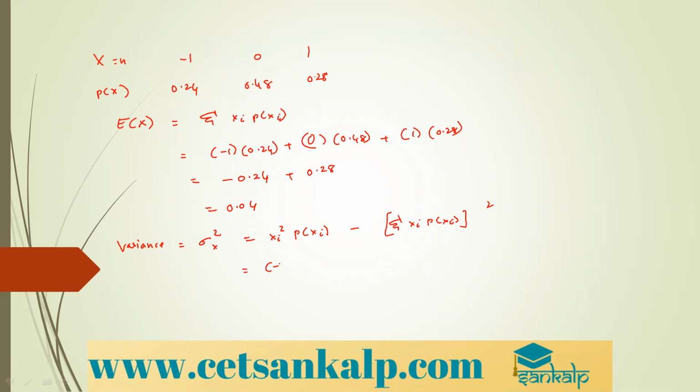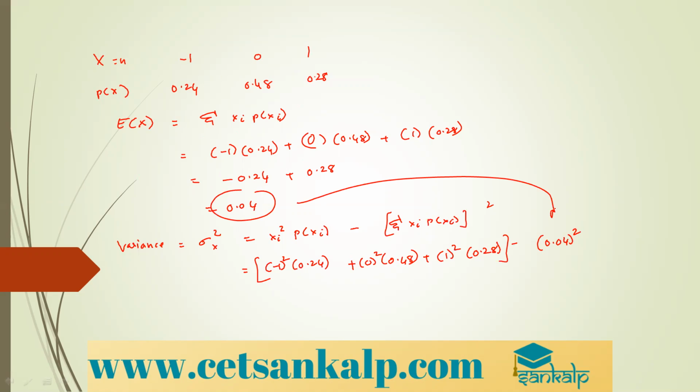So minus 1 square into 0.24 plus 0 square into 0.48 plus 1 square into 0.28 minus whatever sigma xi into p of xi we got, 0.04 whole square.